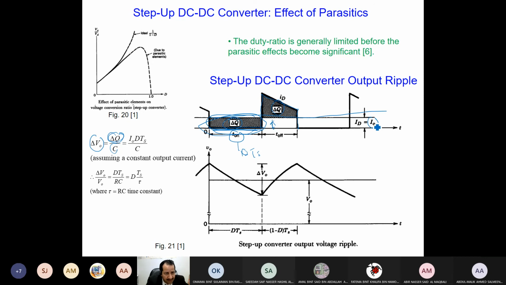And the height is IO, which is VO over R. Let me substitute, this is IO times DTS, substituting IO by VO over R. And I will divide by VO because I want it in percentage. Then RC, which I usually call tau, the time constant of the circuit, gives a very simple equation. As you can see, the ripple in voltage of this circuit is related directly to the capacitor. You increase the capacitor, you reduce the ripple.